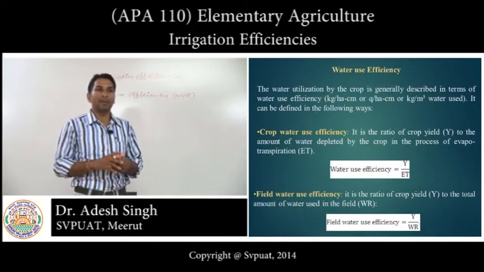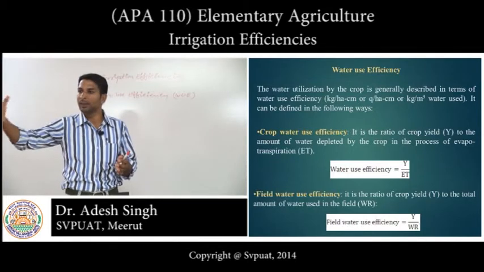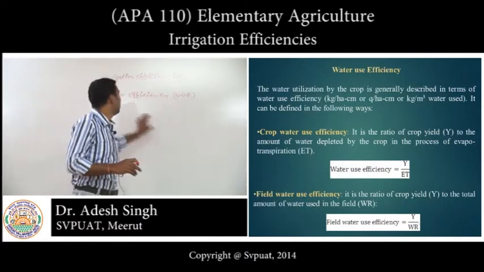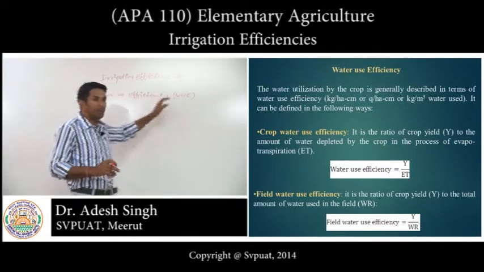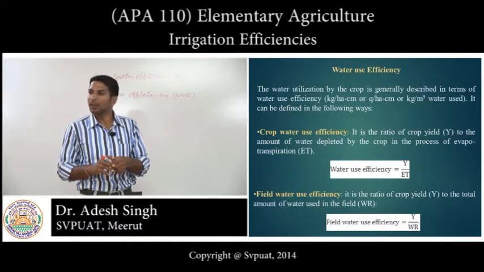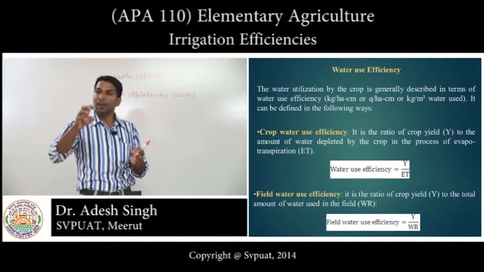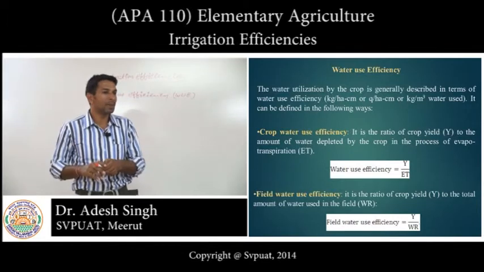Say for example, if 1 unit of water is applied to the crop, how much is the yield increment? Clear? So water use efficiency simply tells us the production, or you can say the output per unit use of the input, the input in the form of water. Means if 1 unit of water is used, how much is the yield increment.